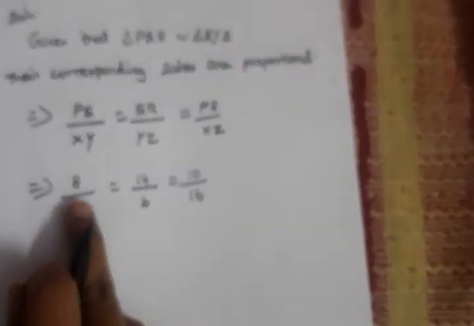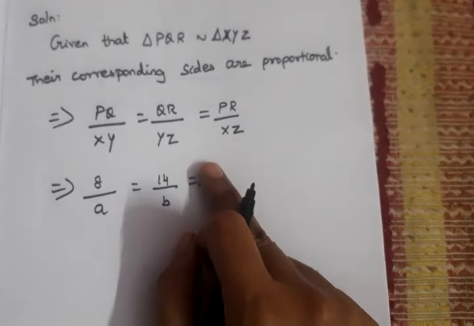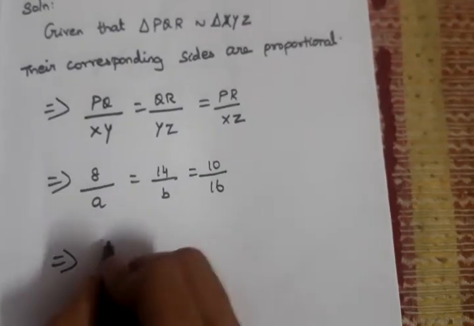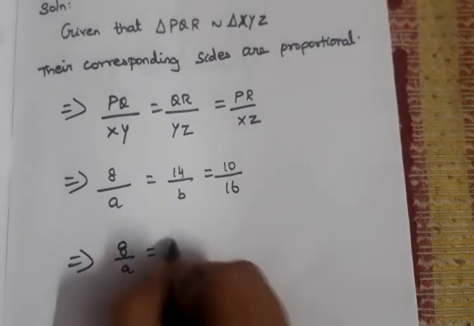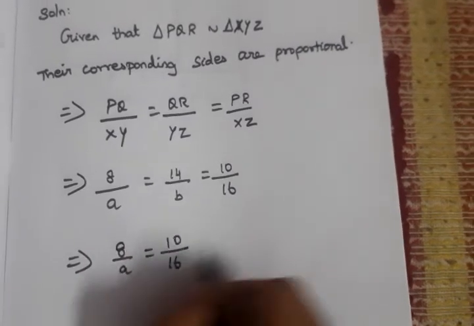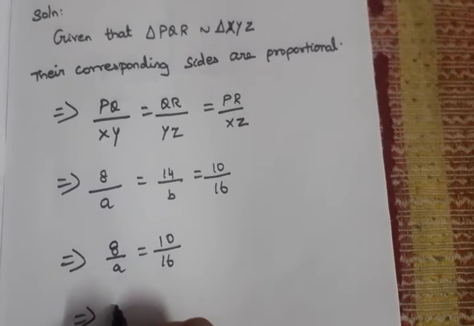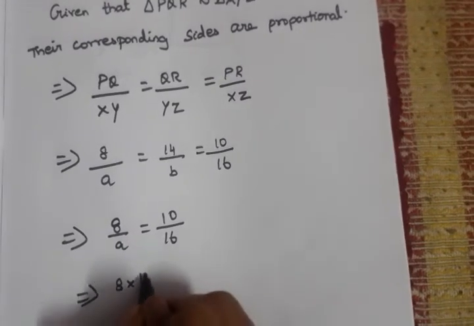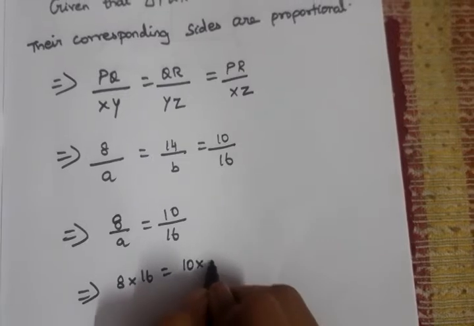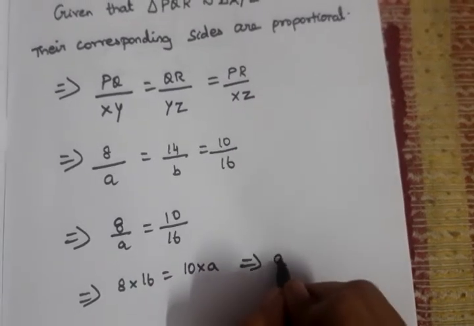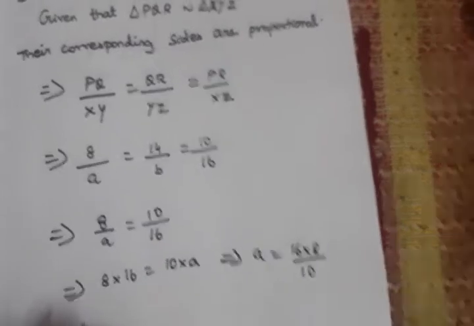So take these values, and these values are equal. Okay. The next: 8 divided by A equals 10 divided by 16. That implies 8 into 16 equals 10 into A. A equals 16 into 8 divided by 10.